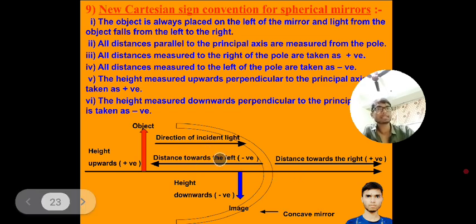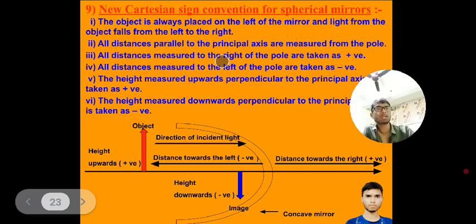The object is always placed on the left of the mirror, and light from the object falls from the left to the right.